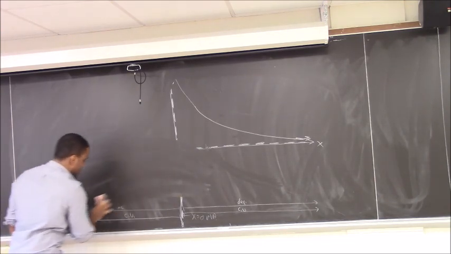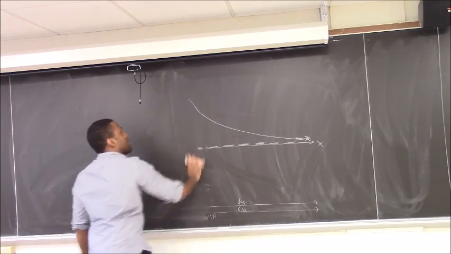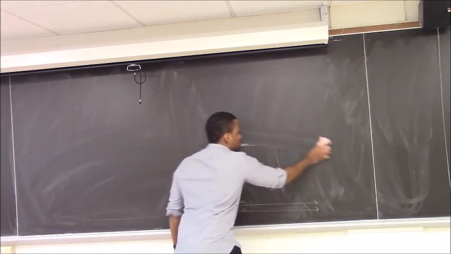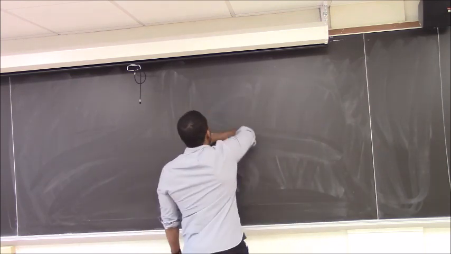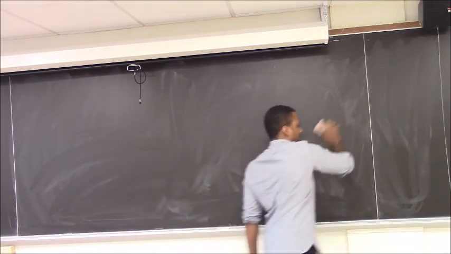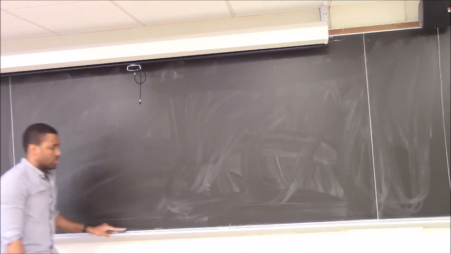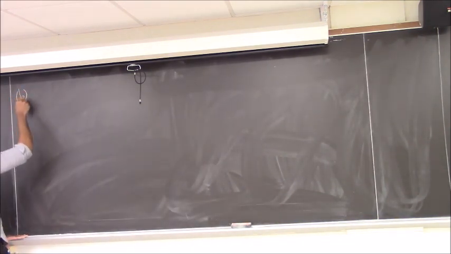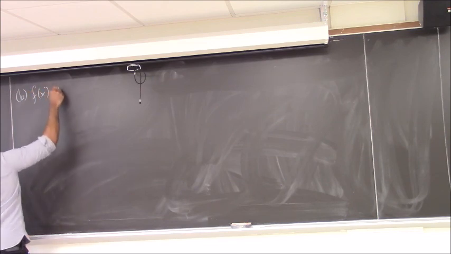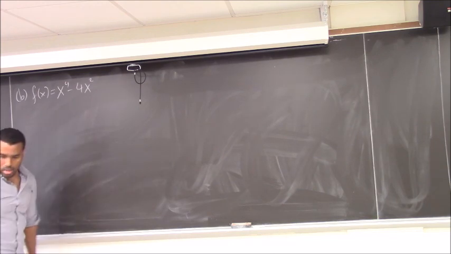Now example B is going to be longer, but it has a lot of lessons for us. It has no asymptotes, but it'll have everything else.